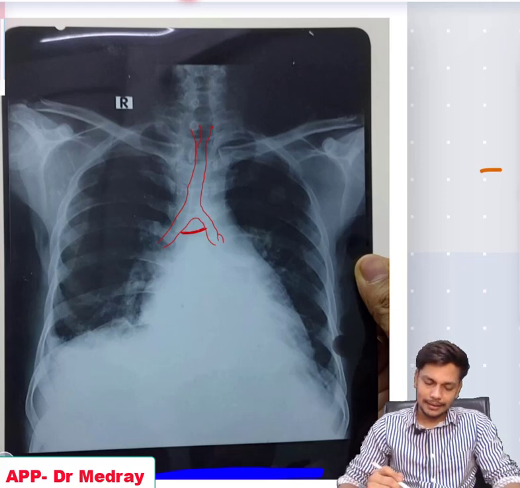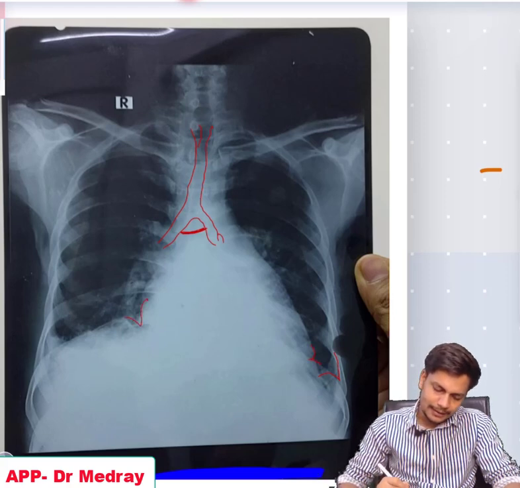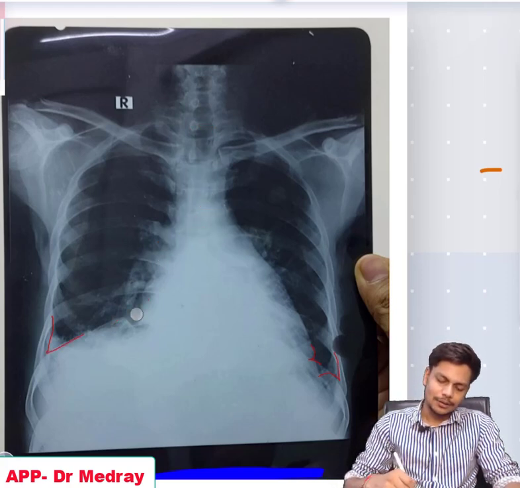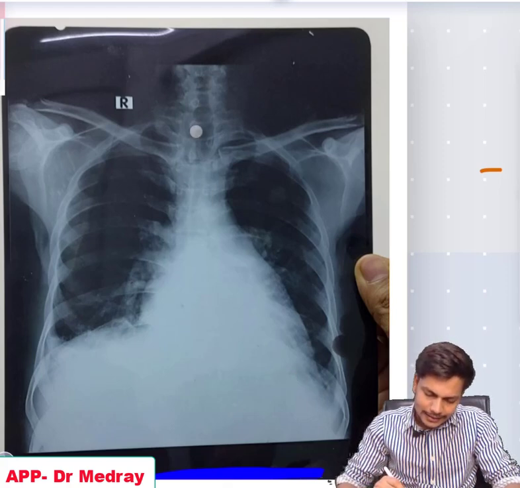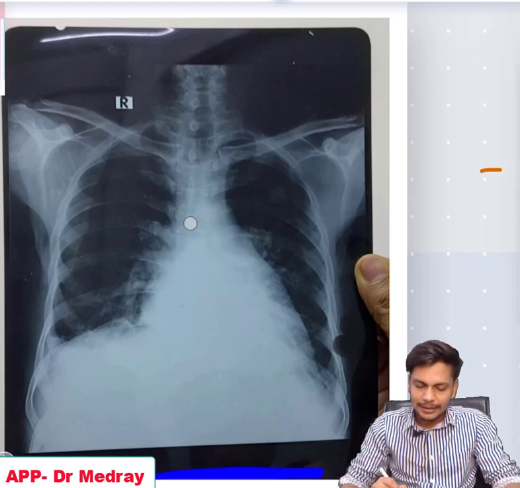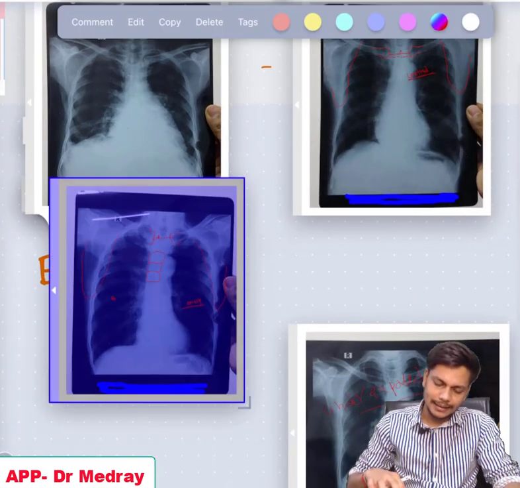So it is important. We have discussed three angles: the costophrenic angle, the cardiophrenic angle, and the subcarinal angle. If you are asked, show me where is the subcarinal angle, the trachea which is coming down and divides into right and left main bronchus, and the angle formed between the division is the subcarinal angle.